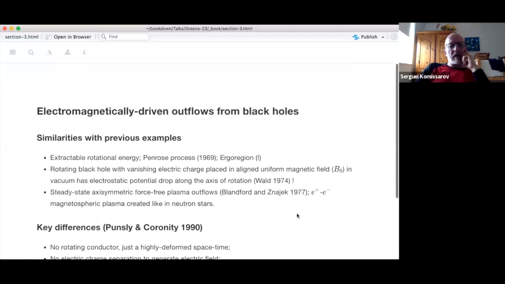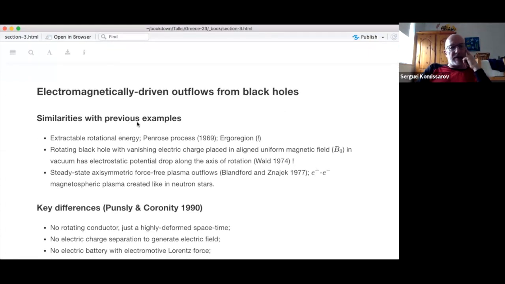So now let's move to the electromagnetically driven outflows from black holes. And in this case, there are some similarities with the previous examples. First of all, the black hole is rotating, and there is a rotational energy which can be extracted.